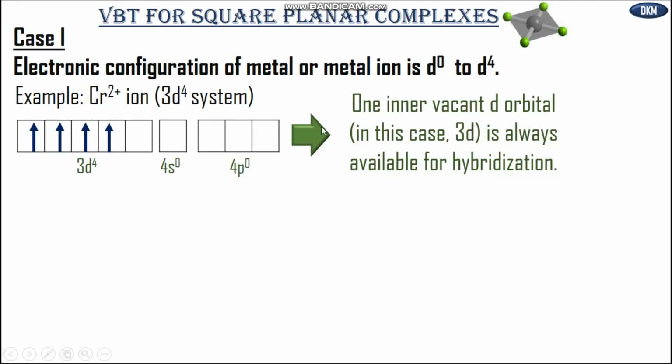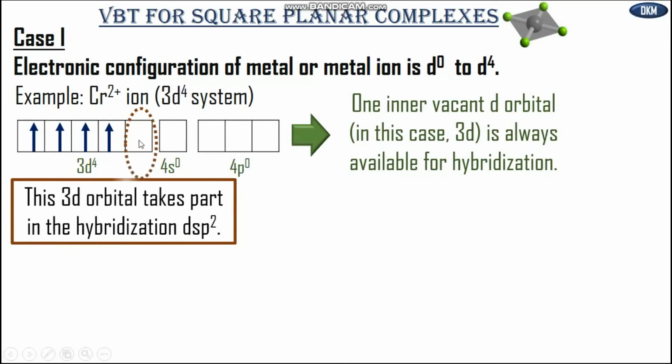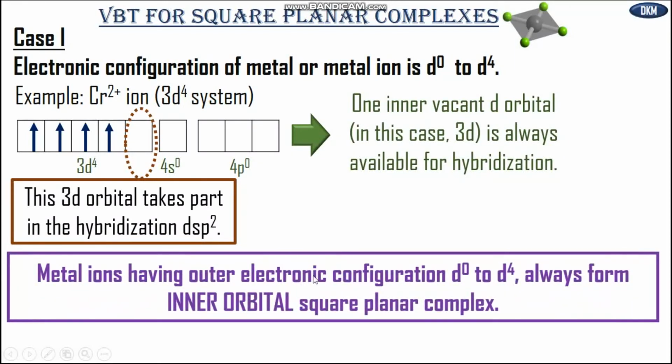In the case of Cr2+ ion, this vacant inner d orbital takes part in hybridization, and the hybridization is dsp2. So we can conclude that metal ions having outer electronic configuration d0 to d4 always form inner orbital square planar complex.